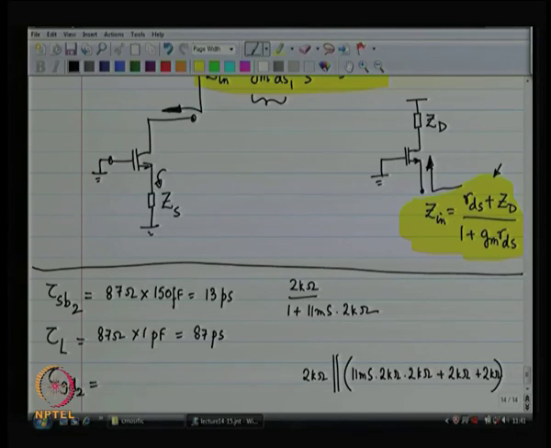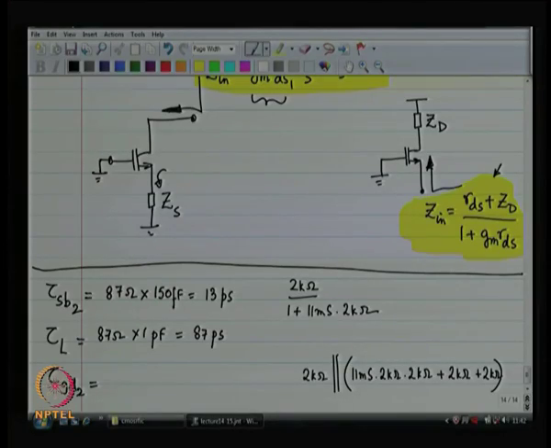So, you are basically going to see 2K times 11 millisiemens, a factor of 22, times 2K is 44K, 46K, 48 kilo ohms in parallel with 2 kilo ohms, that should be about 2 kilo ohms, 1.92 kilo ohms. And the capacitance is 50 femtofarads. So, I basically get 96 picoseconds.